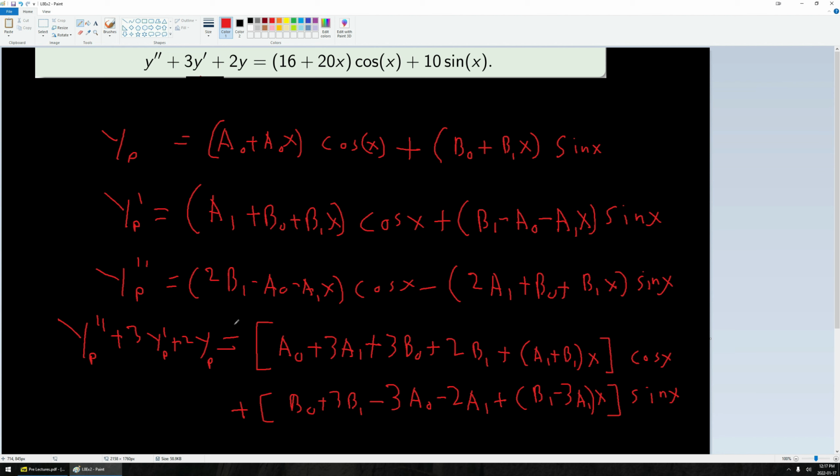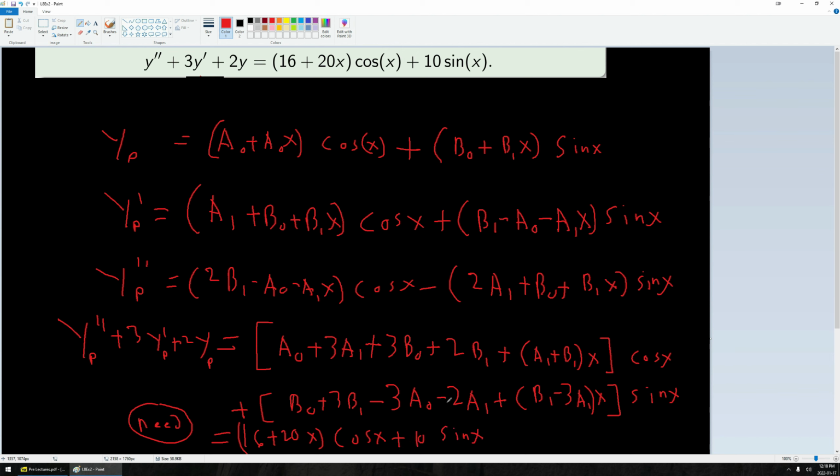Okay, so now if this ansatz is going to actually give me a solution, then I need to have what? Well, this needs to be equal to the forcing term. So this thing better simplify to 16 plus 20x times my cosine term plus 10 sine of x.